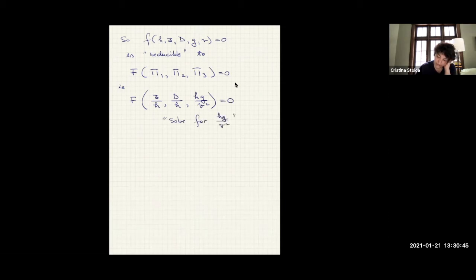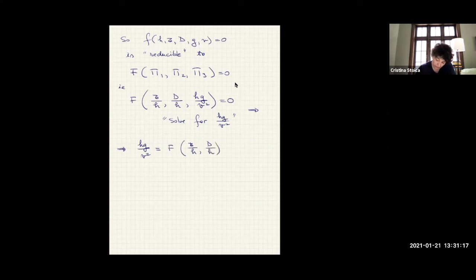And again, I'm putting it in between quotes because I'm assuming that this implicit relation here can become explicit with respect to one of the variables. So we can explicitly express something like Hg over V squared equals some function f of tau over H, D over H, okay.